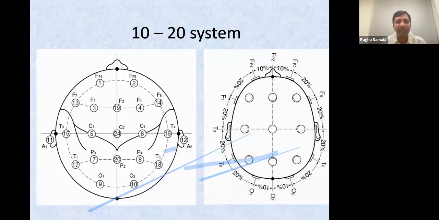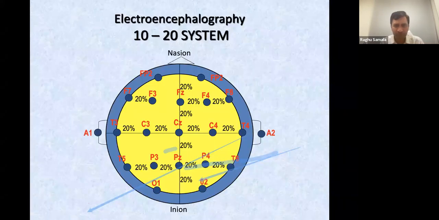The same thing you can see from the nasion: 20% will be FZ, from FZ to CZ 20%, CZ to PZ 20%, and from PZ to inion 20%. Wherever you see it, the distance between the electrodes is constant. On the right and left, frontopolar has 1 electrode, frontal 1, temporal 3. So the maximum represented one is the temporal.